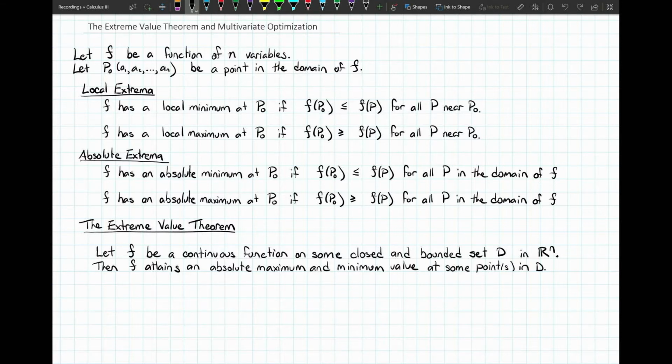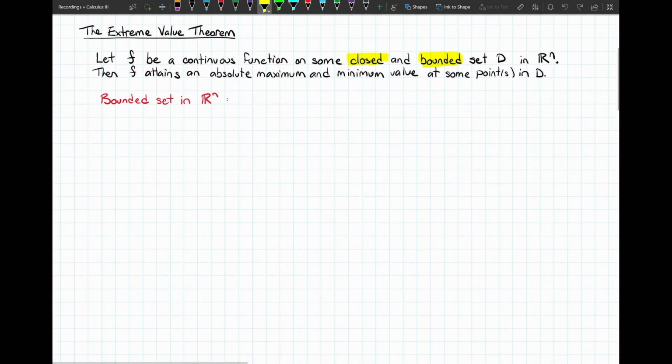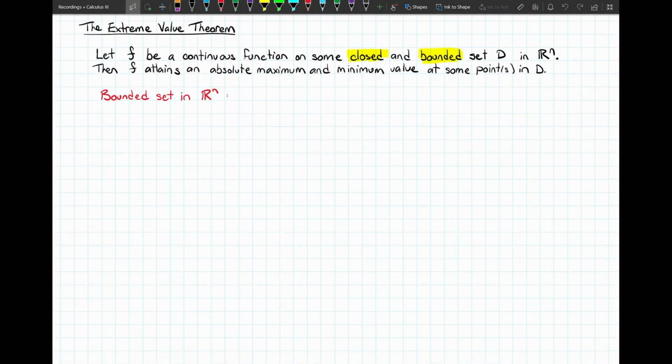So why don't we take a look at these two words here, closed and bounded sets. Let's start off with the term a bounded set in Rn. Put simply, this means that that set can be contained within some ball of finite radius. Now, this is a ball in n-dimensional space. So actually, if we're talking about R2, that ball is a circle. In R3, that's a sphere.